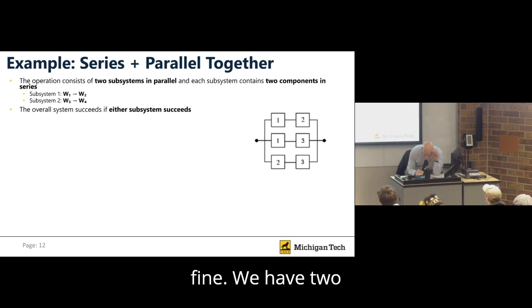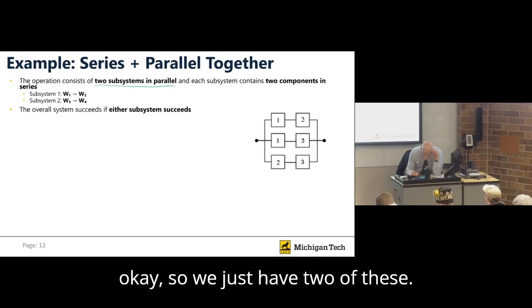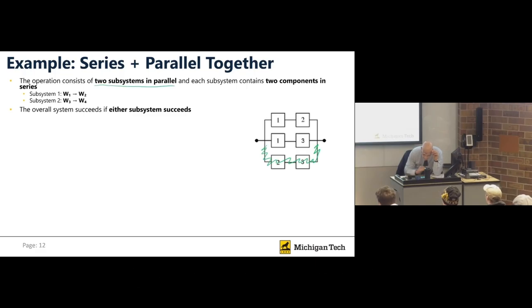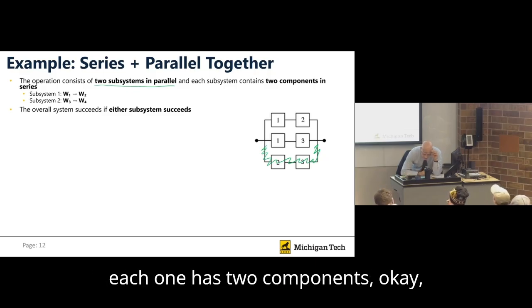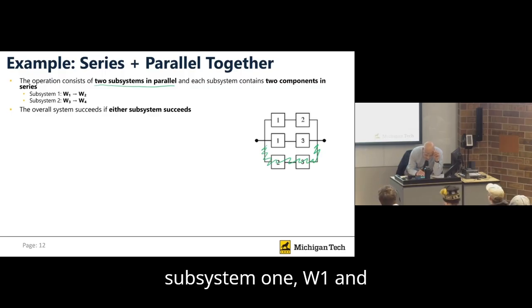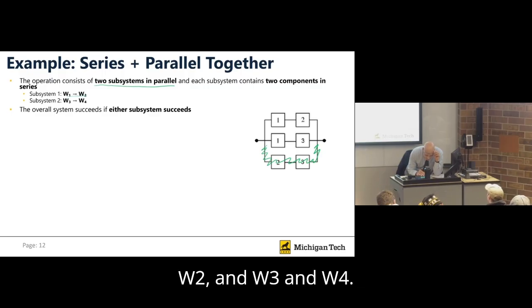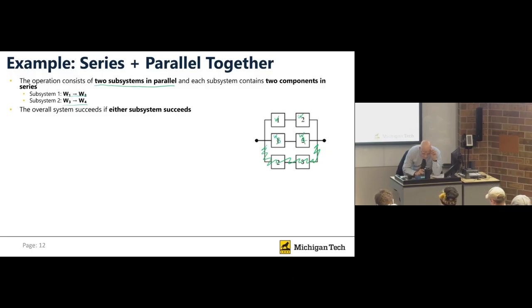We have 2 subsystems in parallel, and each one has 2 components. Subsystem 1 has W1 and W2, and the other has W3 and W4. Okay?